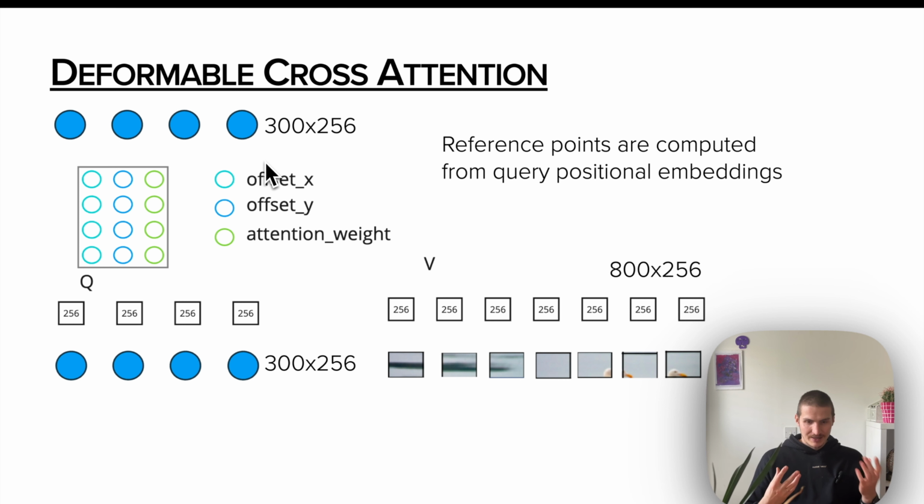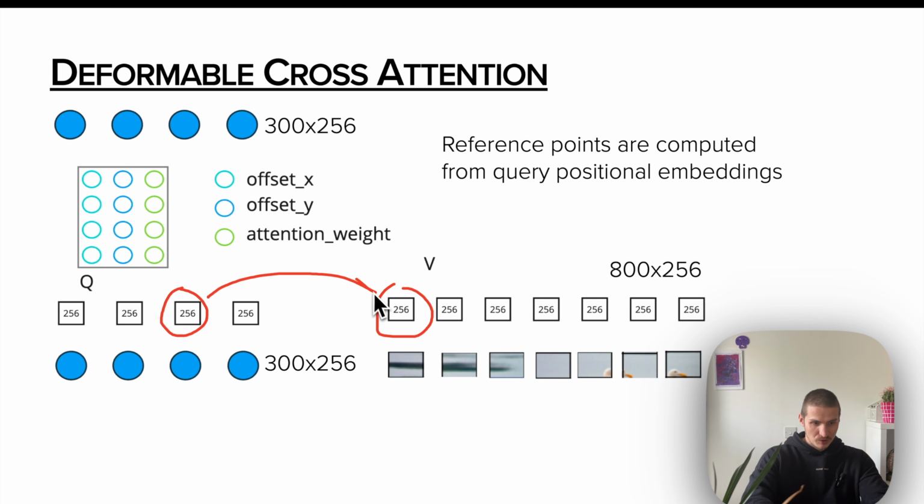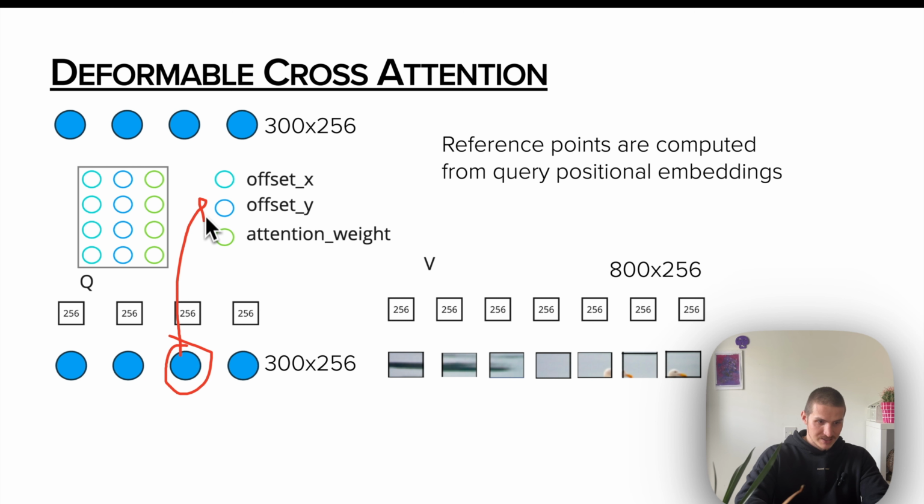Now, again, the difference with normal attention is that we don't have the key. In normal attention, we would have the key that comes from the image sequence, and we have the query, and then we compute some sort of dot product between every possible pair of these. In deformable attention, we just have the query, and just use some dense layer on top of that to come up with the numbers for the attention weights and the offsets that we need. So we don't have this extra interaction with the image at the attention mask calculation step.